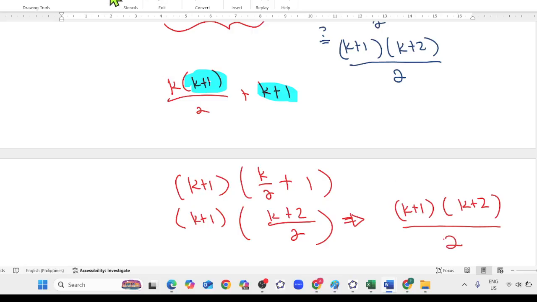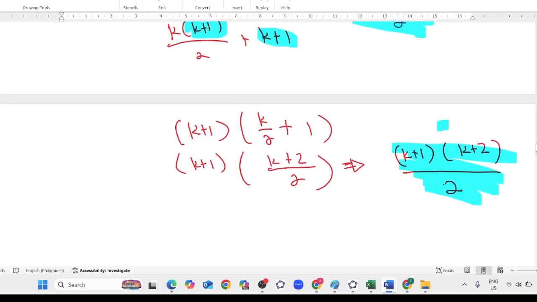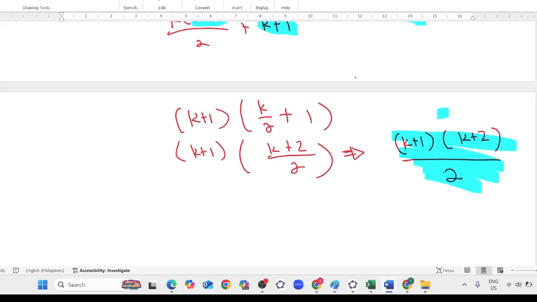Which is, we got the same as the target. So that indicates that this is true for all k greater than or equal to 1.